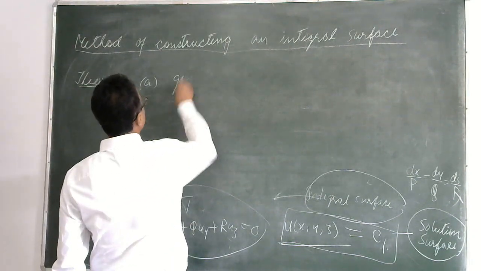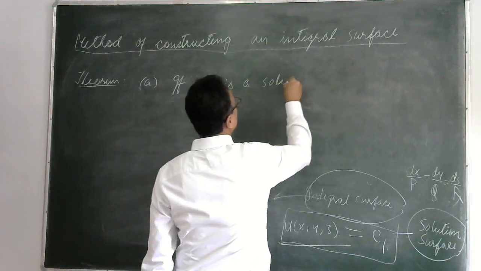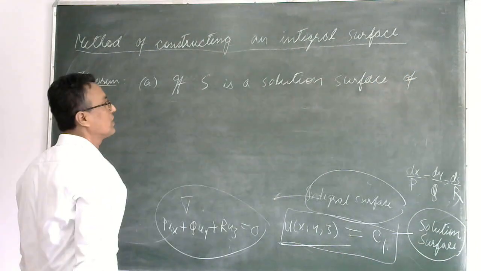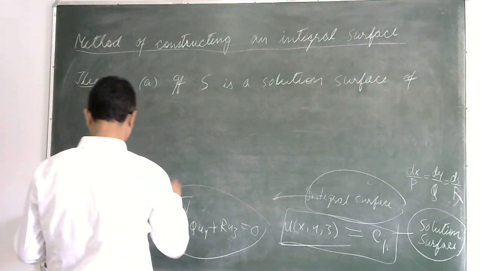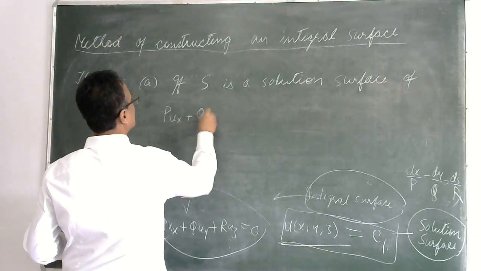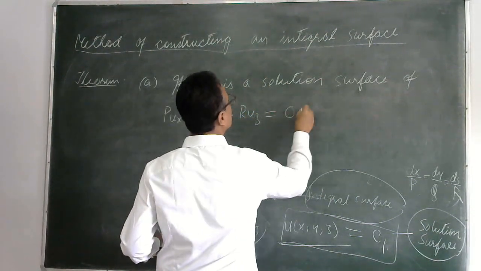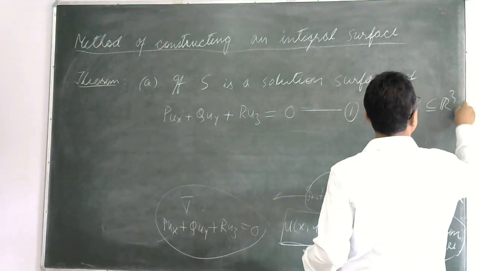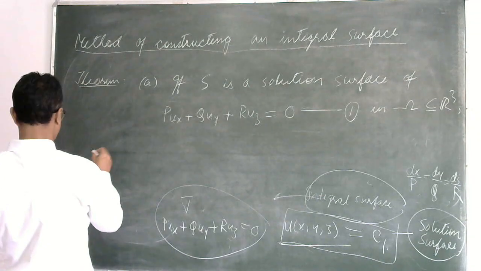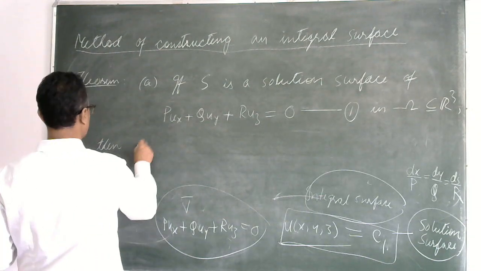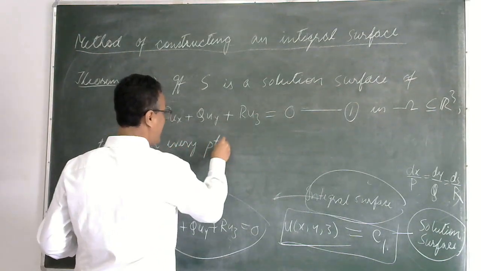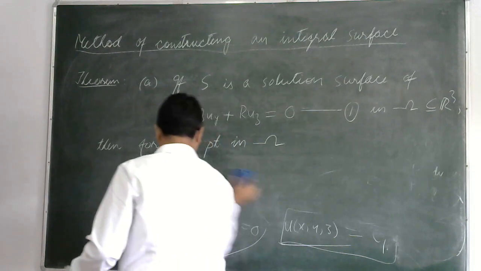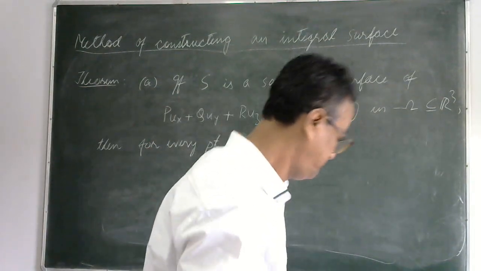Okay. So if S is a solution surface of zero, say, in omega, we want to say R3, then for every point in omega, let's bring it to omega.